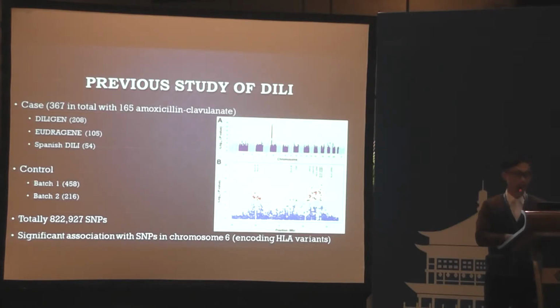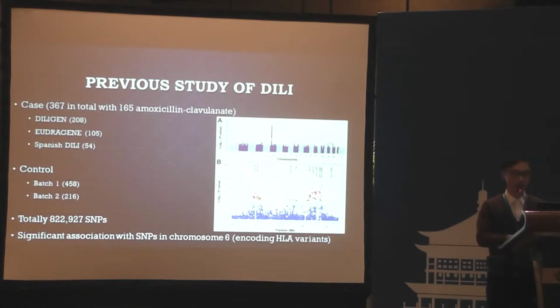In this study, we have a total of 367 cases, and these patients are from 3 different regions in Europe and the UK. We have 2 batches of controls, and in total we have more than 800,000 SNPs as biomarkers.